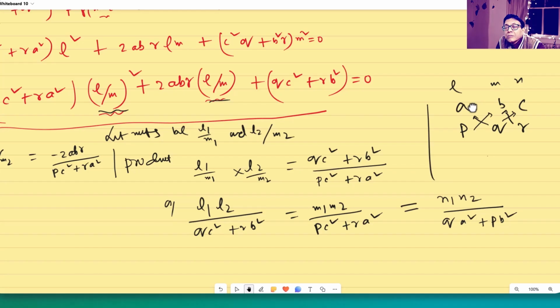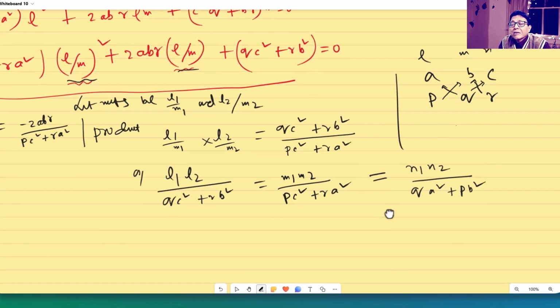When we are taking the product of two L's, we are leaving this column. It is RB square, QC square. For M1 M2, we are leaving this column. Then it is R square, PC square. For N, we leave this column. It is PB square, Q square. I have written that only. Assume this thing equal to K, K equal to a constant.